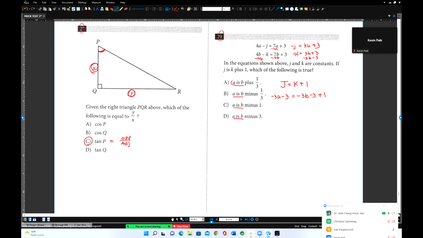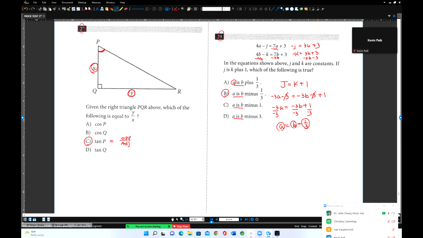So A equals, okay, so negative 3A equals how much? Negative 3B plus 1, right? Now you can divide by negative 3 on both sides. So A equals what? B minus 1/3. Okay, what can you say? A equals B minus 1/3. Okay, choice B is the answer, okay?